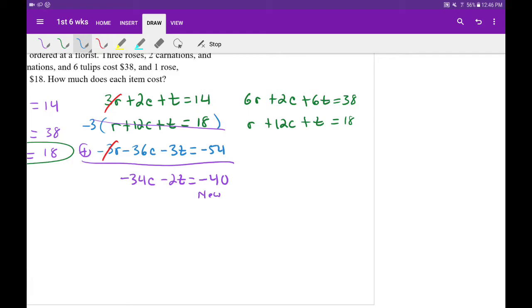And let's look at this other side. Again, if I use R on the left side, I got to do the same here. So I'm going to multiply this whole equation by a -6. All right, so I'm going to get -6R, minus 72C, minus 6T equals -108.